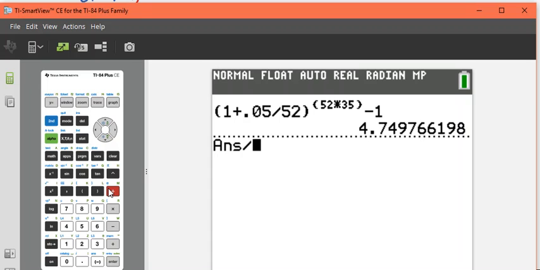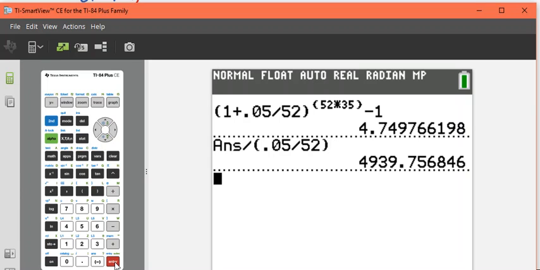If you don't do it, it's going to come out wrong. So open your parentheses. We're going to have 0.05 divided by 52, close parentheses. Parentheses are a must here. Hit enter. This number is the quantity that is inside the square brackets.